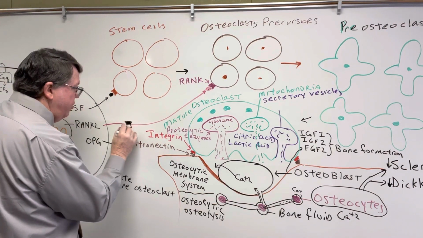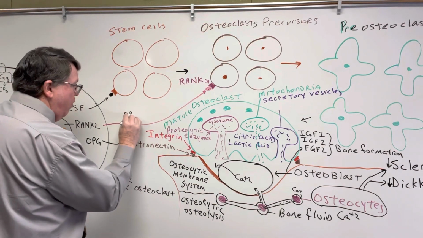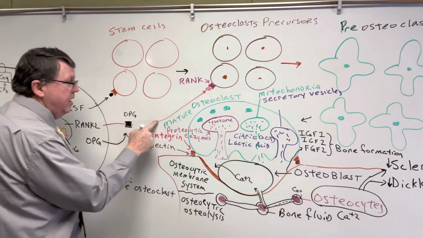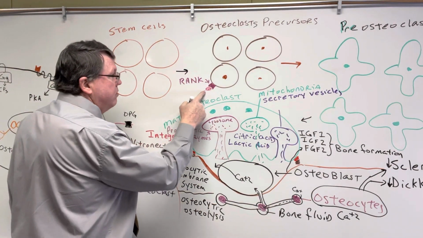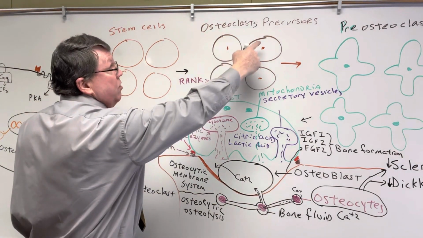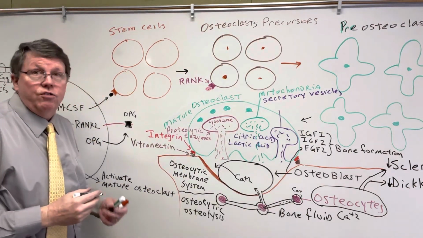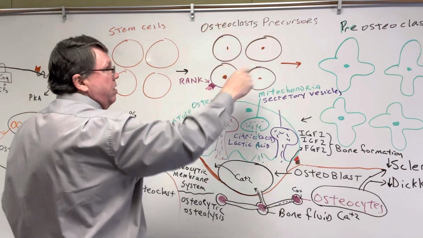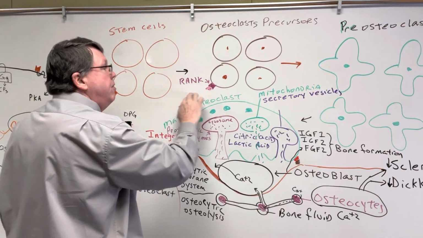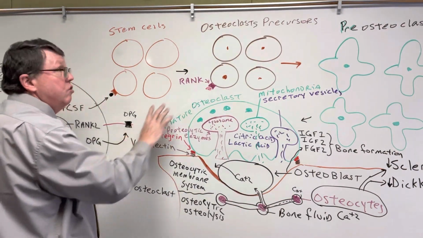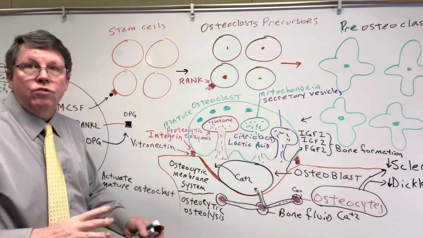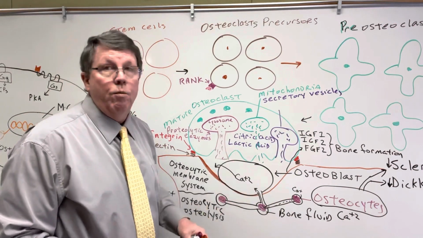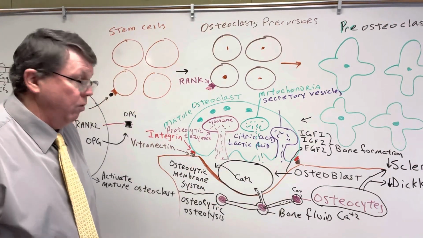So here's my OPG, and my OPG binds to this RANKL. Now RANKL is not going to go and basically cause these osteoclast precursors to become pre-osteoclasts. So we basically cut this off right here. It's also going to work on pre-osteoclasts if they're already made. But we basically cut this off right here. So now those can't be made, and if those can't be made, now my bone's not going to be broken down, and I can actually form more bone because of the fact that my osteoblasts are still working.